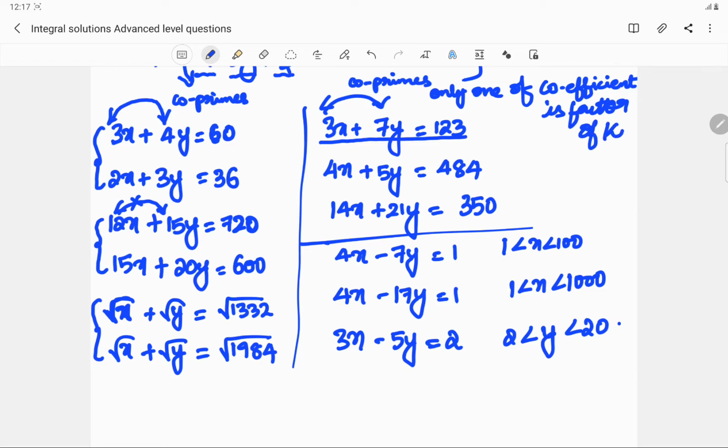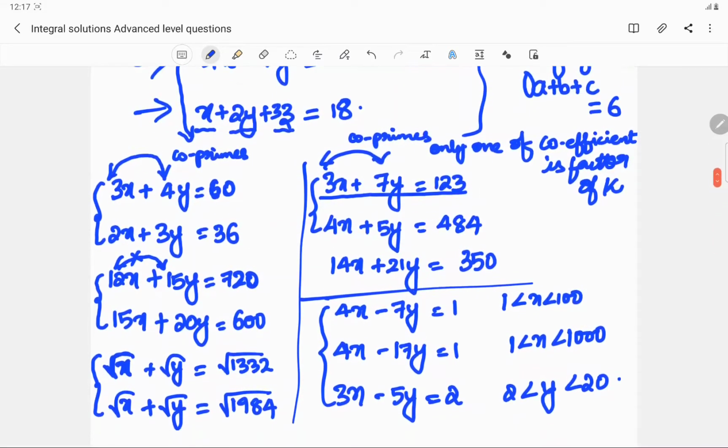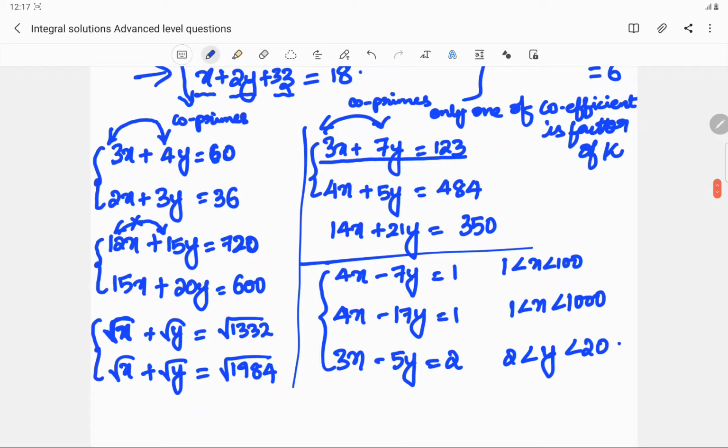Let k be the number on the right hand side of the equation. Similarly here these two are the same, and in these equations we have a negative sign between the two variables. Now we will see in each and every equation how we can find the integral solutions or non-negative integral solutions to this equation.